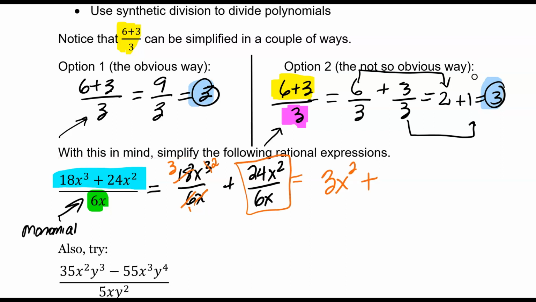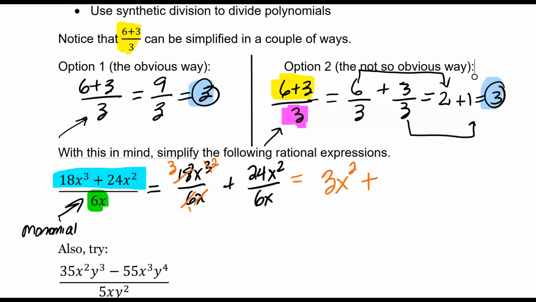So notice again that we are dividing each term in the numerator by 6x, not just one term. So the mistake I normally see is someone would divide part of the numerator by 6x and leave the other part by itself, but everything in the numerator is being divided by 6x, obviously, right?